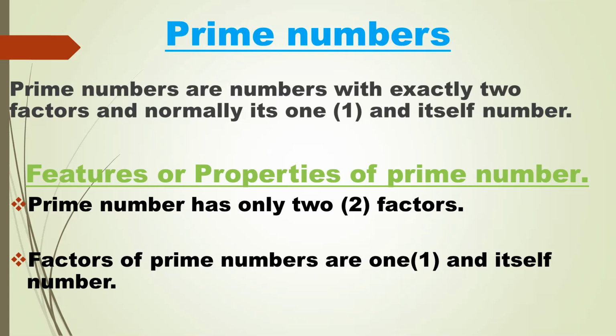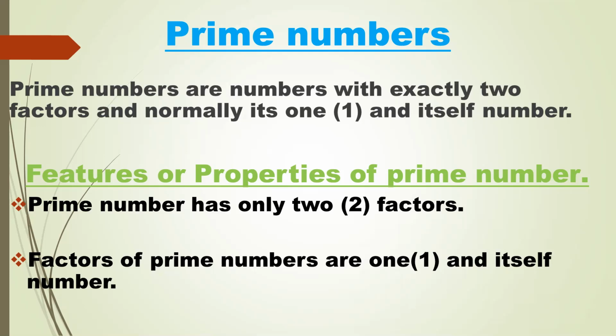For a particular number to be a prime number, the first thing you have to do is list the factors, or find the factors, of that number. And if there are only 2 factors, only 2 numbers that can divide that particular number, definitely that number is a prime number.